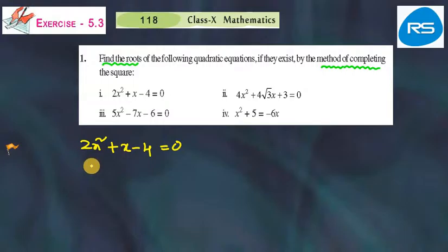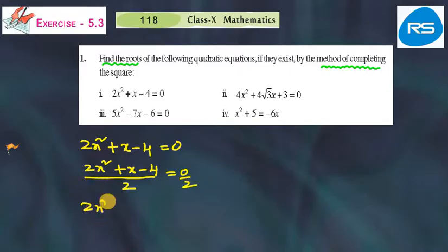If I divide, I will get 2x square plus x minus 4, whole by 2, is equal to 0 by 2. So 2x square by 2 plus x by 2 minus 4 by 2 is equal to 0. Each and every term is divided by 2.